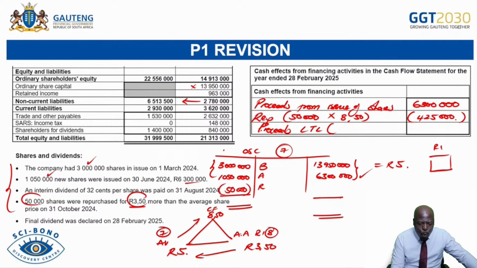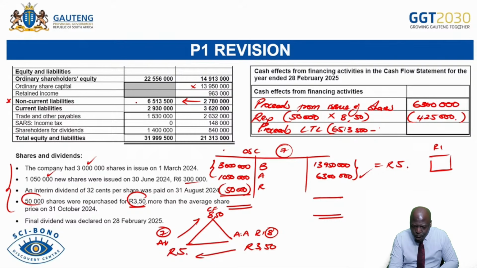All right, so our loan was 2,780,000, but our loan now, our non-current liability, is now 6 million. So the difference simply means we have received a loan. So it is my 6,513,500.